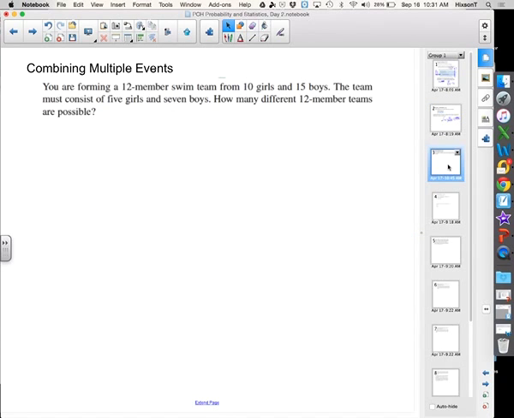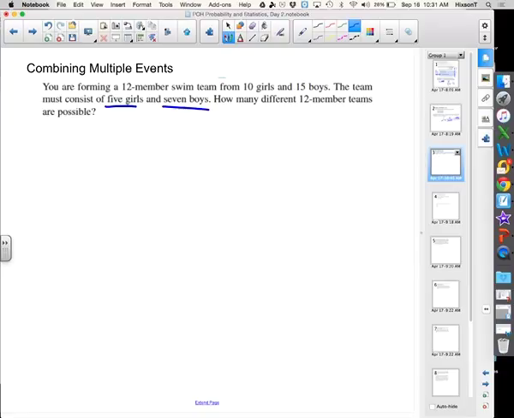But when we have multiple events, here it says we're forming a 12-member swim team from 10 girls and 15 boys. The team must consist of 5 girls and 7 boys, okay? How many different 12-member teams are possible?